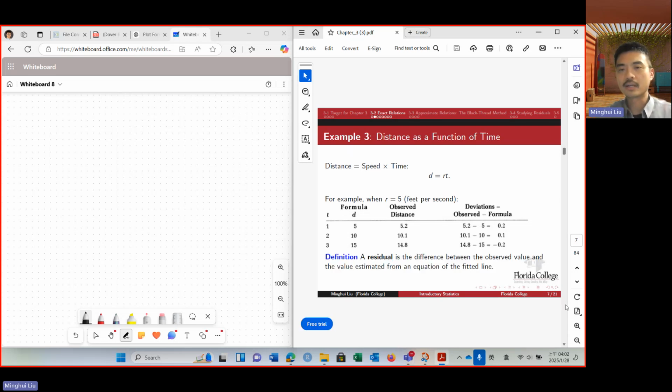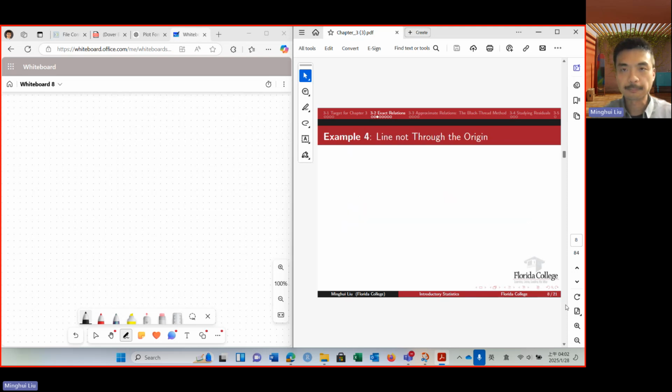And this motivates us to give a very formal name for this deviation. We call it residual. The residual is the difference between the observed value and the value estimated from the equation of the fitted line. And this residual could be positive, could be negative, or if you're lucky enough, can even be 0. So there's all the possible values.